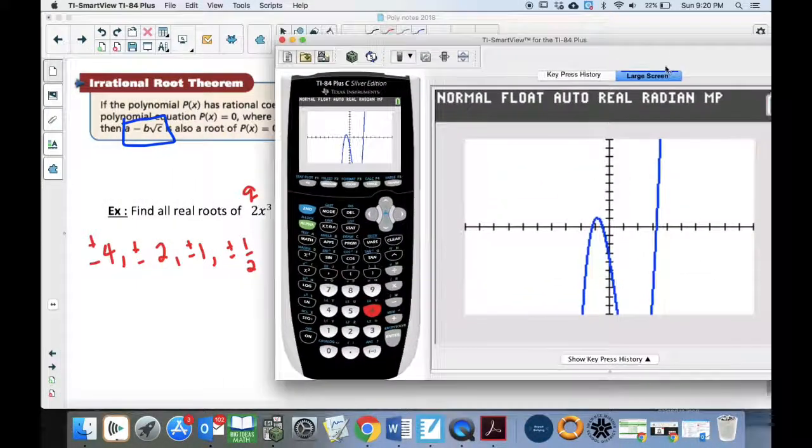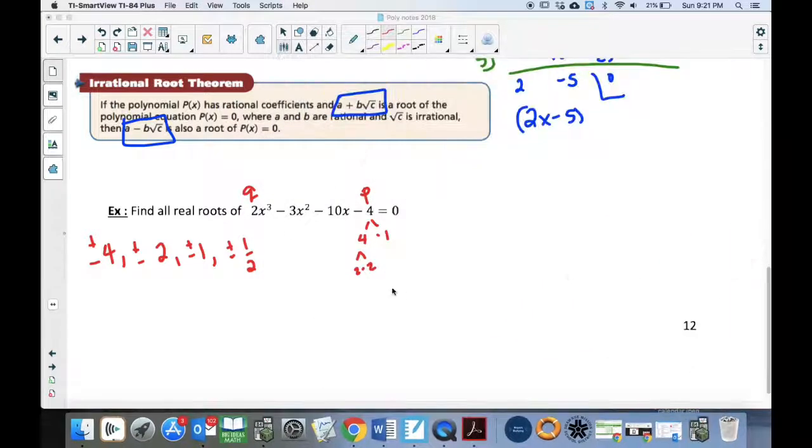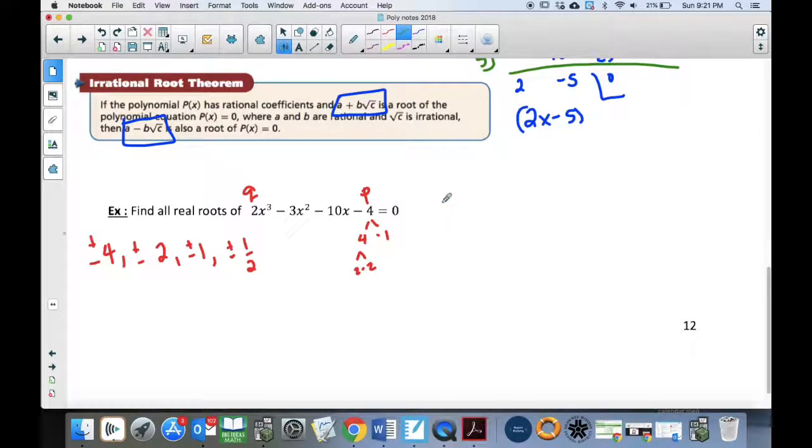So here we have our list of possibilities. Well, this one is not at a whole number for sure. The only fractions I have on my list are 1/2. And so maybe this one is at negative 1/2, but this one's not. But negative 1/2 might be a contender. So let's try negative 1/2 and try to do our division with that.